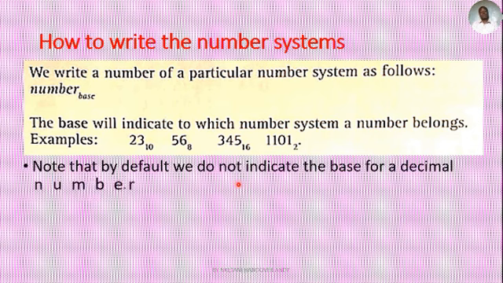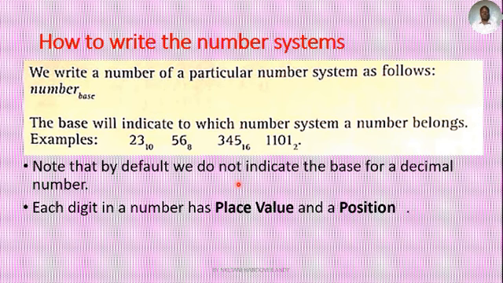Note that by default we do not indicate the decimal number base. We don't indicate the base for the decimal number, that is base 10. We don't usually write it. So when you see a number where 10 is not indicated at the bottom, it means that we are dealing with base 10, or the decimal number.